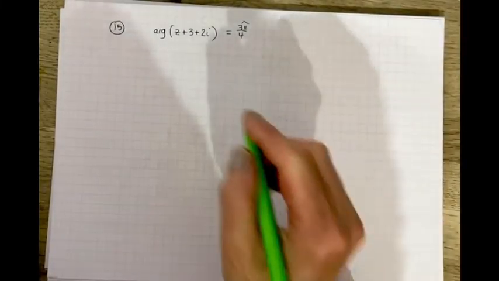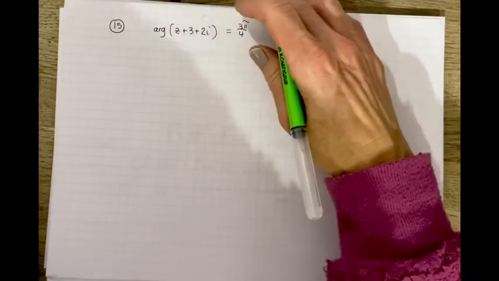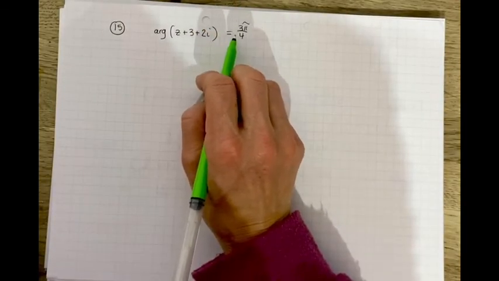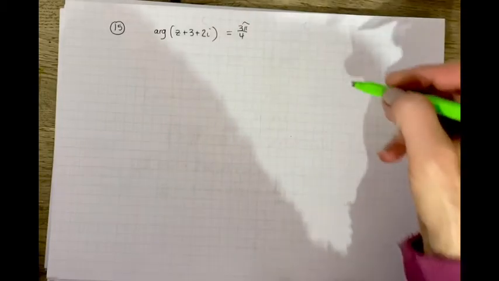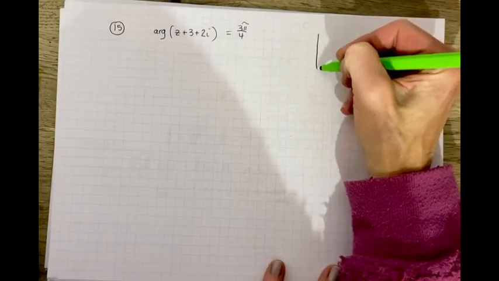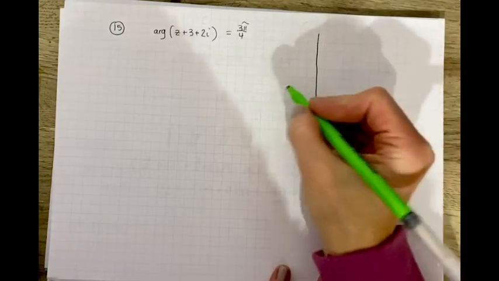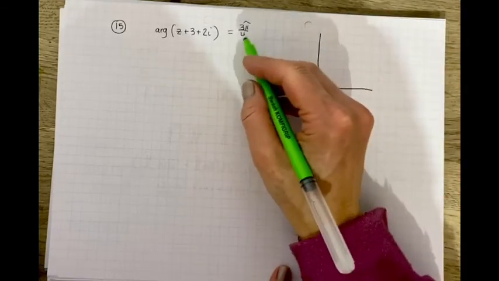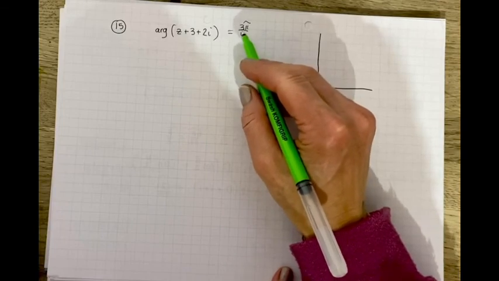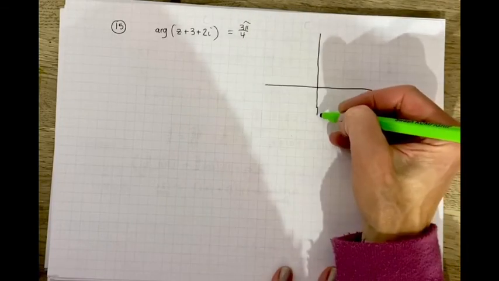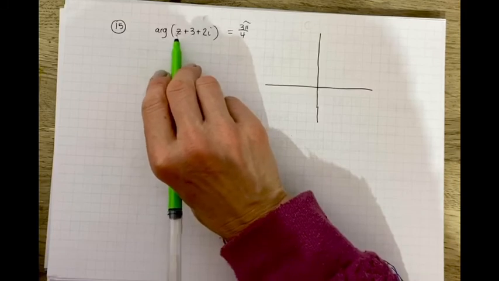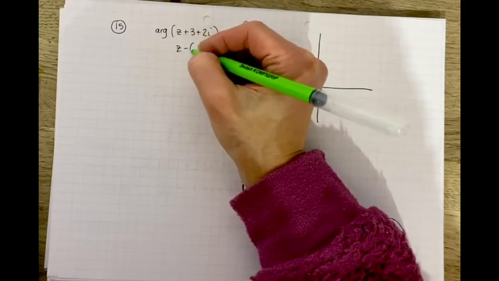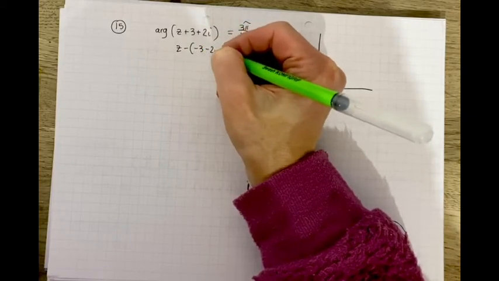Okay, example 15. Here we've got argument of z plus 3 plus 2i equals 3 pi over 4. So let's just sketch it so we know exactly what's going on. Sometimes when the argument is so nice and easy, because that's going to be 135 degrees drawn from the point. Remember, this needs to be z minus, so this is z minus negative 3 minus 2i.